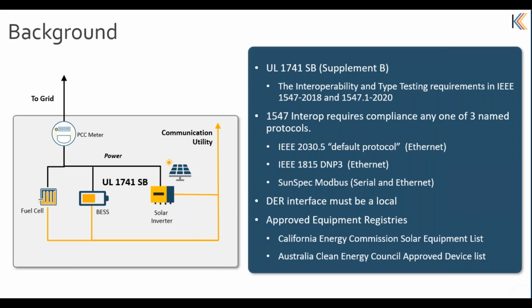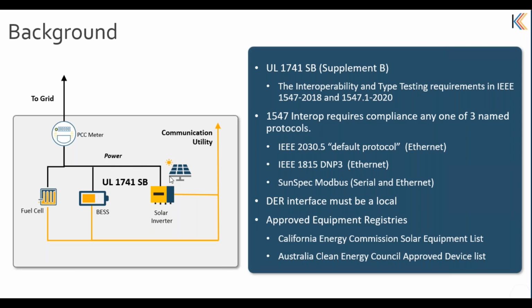The 1547 standard is basically designed to standardize the behavior of interconnected DER, whether it's a solar inverter or battery storage or fuel cell, during abnormal grid conditions, and it also ensures safety and grid stability.